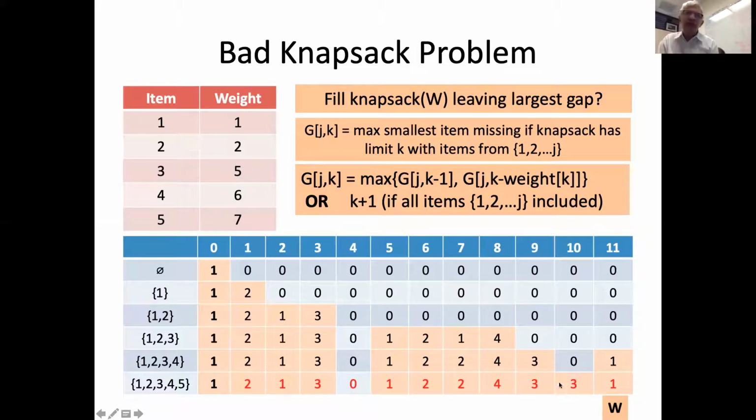So it turns out that you could have filled it up to 10, and the third item would be the smallest item missing. So I could have taken that value instead, or I could have gone to 9, and that would have told me again that I'm missing number 3, which is a weight 5.